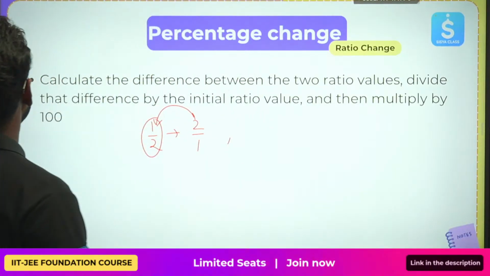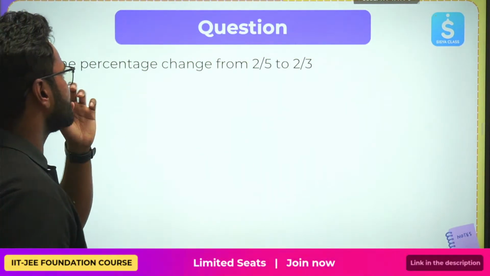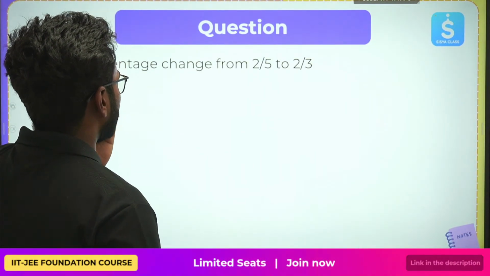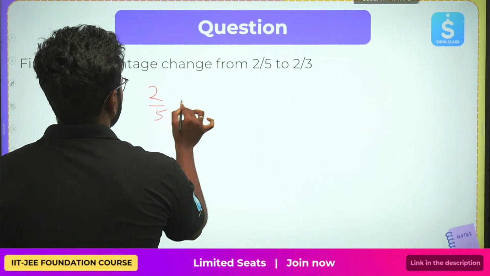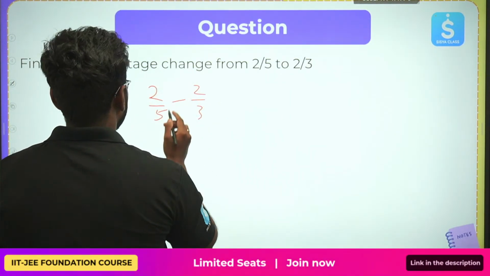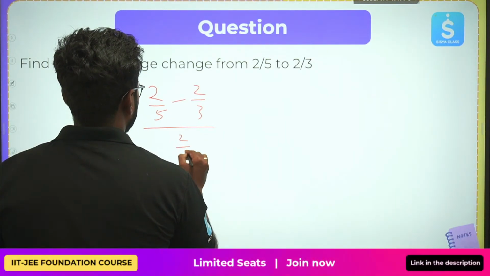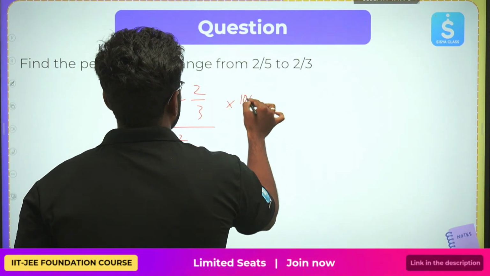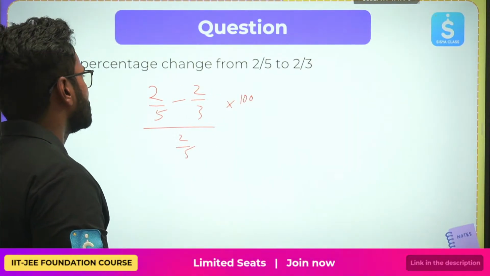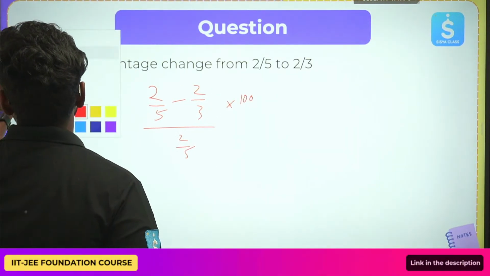Great. Let us solve one sum. Find the percentage change from 2 by 5 to 2 by 3. So (2 by 5 minus 2 by 3) upon 2 by 5 into 100. You can take it in the reverse order also. Since it's asking from 2 by 3, let us take it in the reverse order.